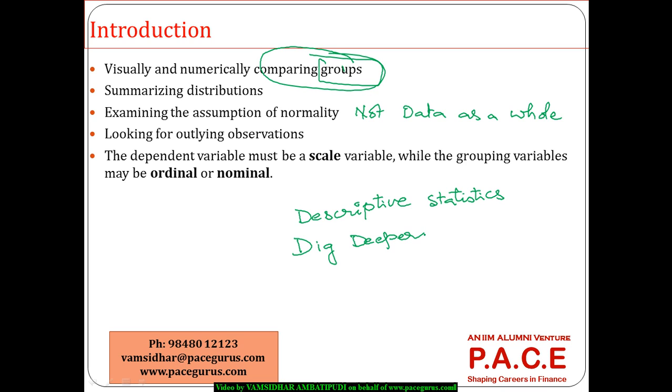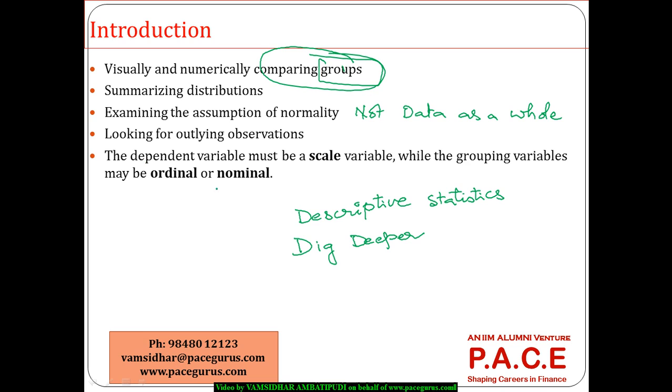That is the major intention. Overall there may not be many outliers in the data, but looking at it group-wise or subgroup-wise, there may be some outliers present. That is what we are going to test as a part of our exploratory data analysis.